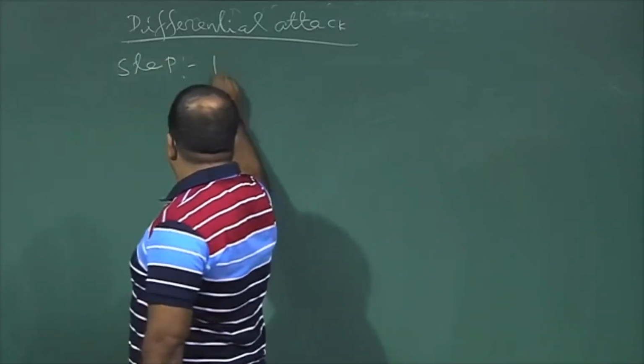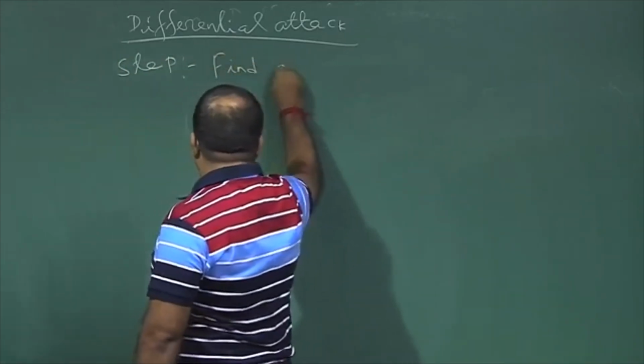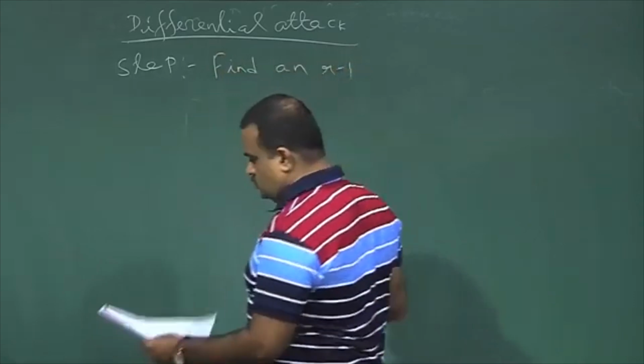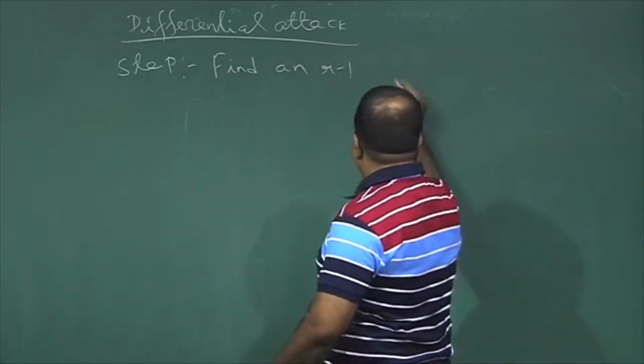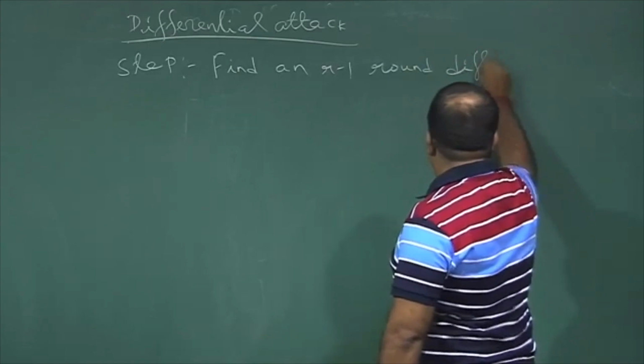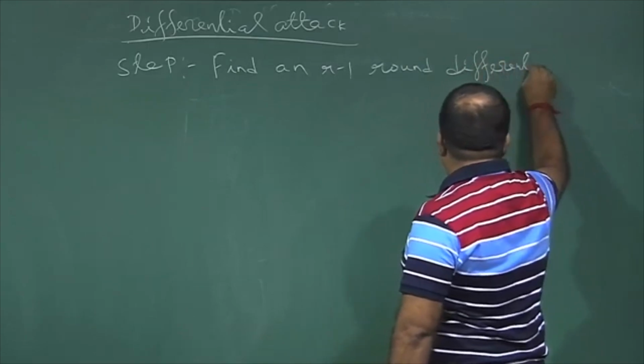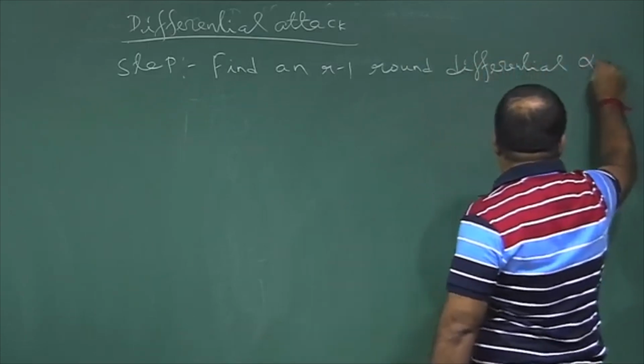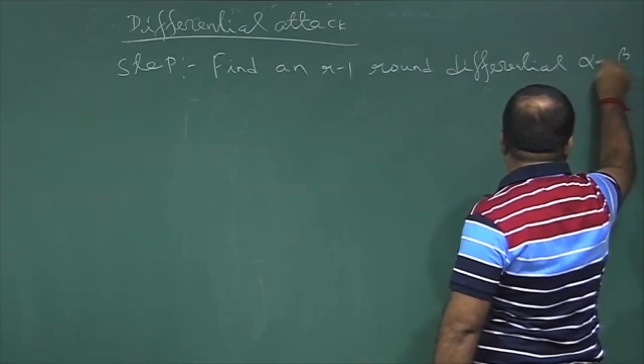So find an R minus 1 round differential, alpha going to beta.